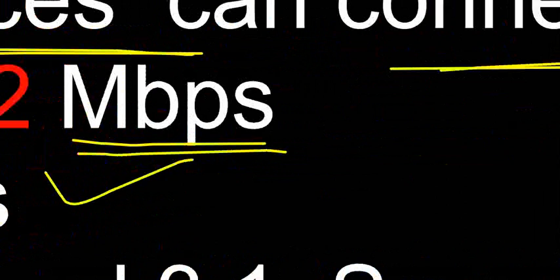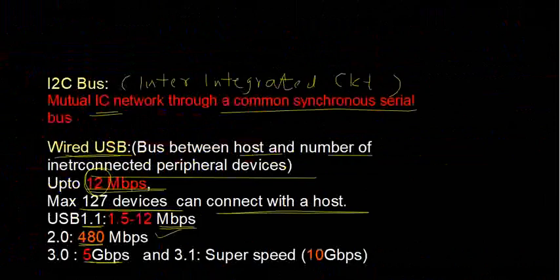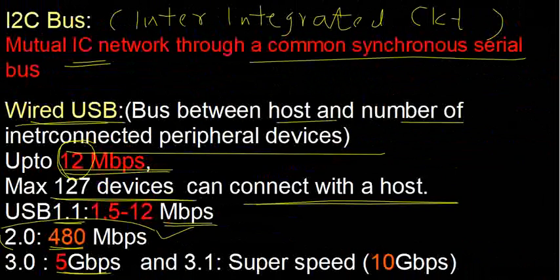So these are the four different USB nomenclatures that we have under wired USB. But presently we are all using the USB 2.0 standard, that is up to 480 Mbps. So this is as far as wired USB is concerned.